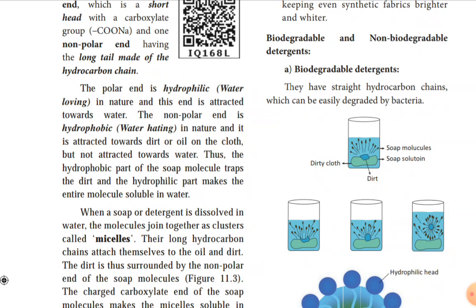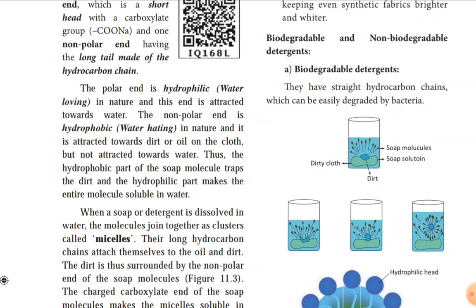The non-polar end is hydrophobic, water hating. That means it is not attracted towards water but attracted towards dirt, stain or grease, oil on the cloth.